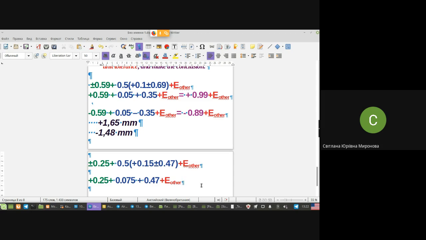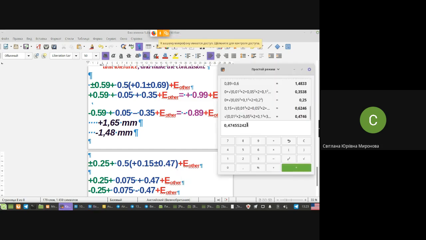Plus error other. Now about minus line. Minus 0.25. Plus this middle, it's anyway plus. Plus this middle and minus 0.47. And let's calculate what it equal to in both of cases.